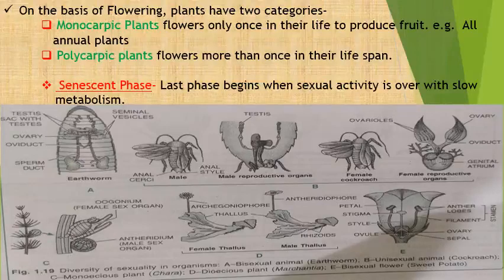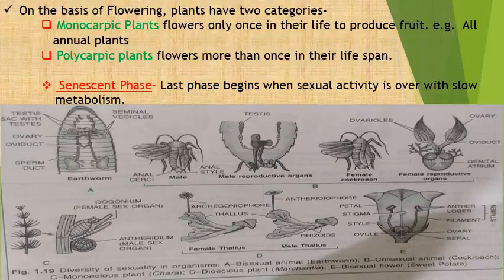The next part of the picture represents a dioecious plant. It has the example of Marchantia, where the male and female thallus represent special reproductive structures. In the male thallus, it is the antheridiophore, and in the female thallus, it is the archegoniophore.